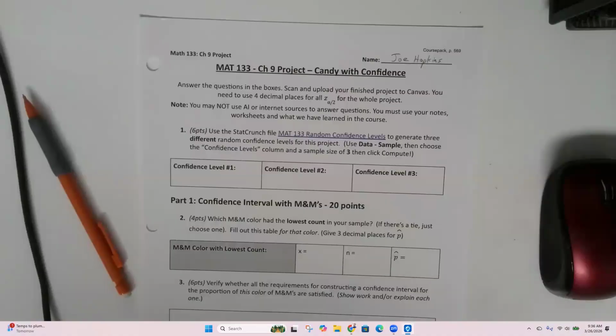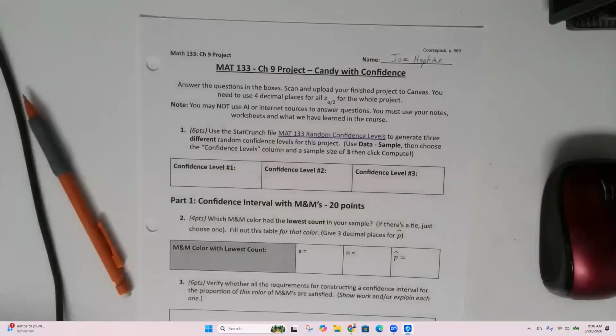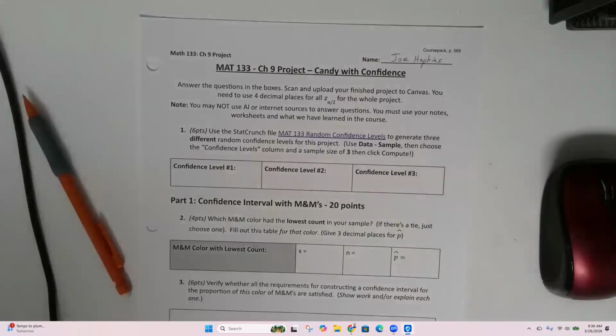When you are building a confidence interval, like if I was building this for my boss or my team leader or the CEO of the company, I'd want to start by asking them how confident we need to be in these numbers.